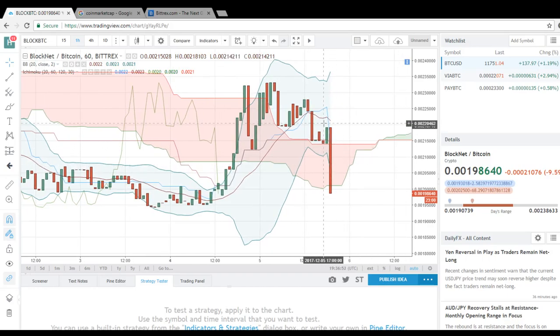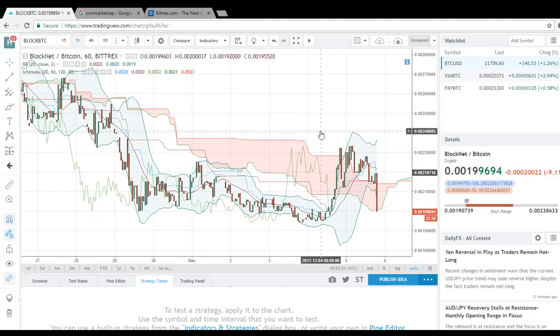So you'd probably want to exit here, but if you're waiting for these signals, you can also get burned. If you were waiting for a signal, this thing just dropped right here back to the signal point over here. So my guess would be somebody already knows this kind of strategy and is using it. So watch your gains and make yourself a target. Don't just look to get rich quick off one little flip.